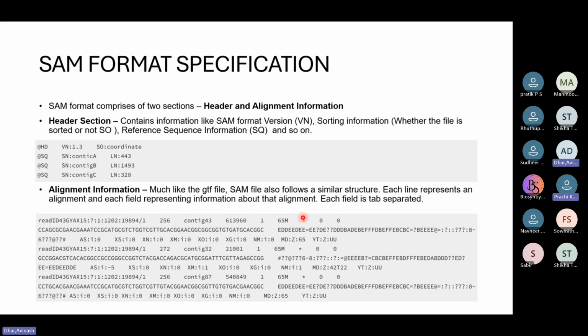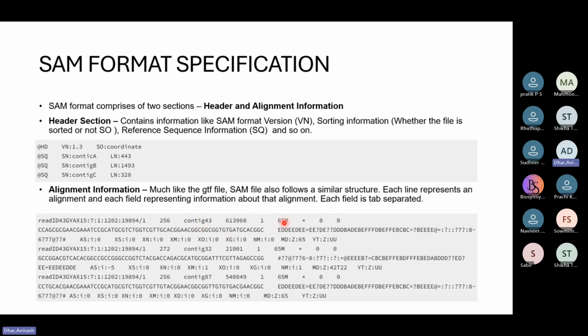Is that right? Perfect. So here you have 65M, that means continuously all 65 bases found a matching base in the reference. This is with respect to the reference. In my query, when the alignment started at this position, I found 65 matching bases continuously in the reference.